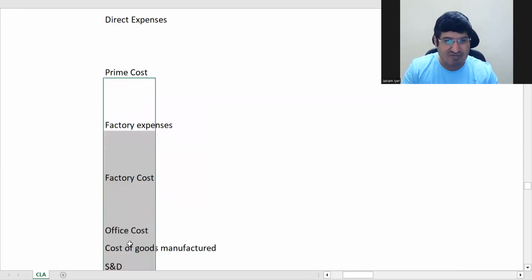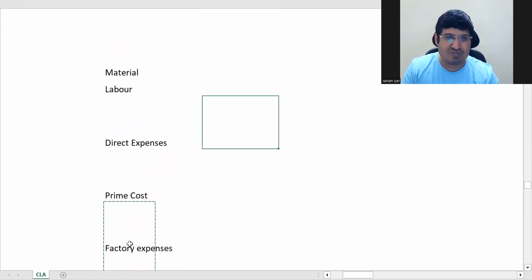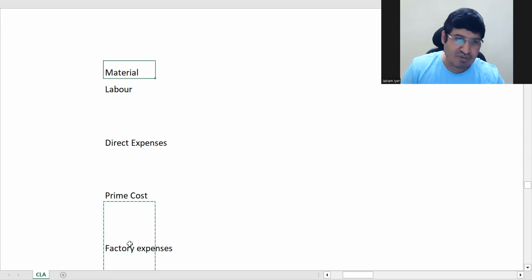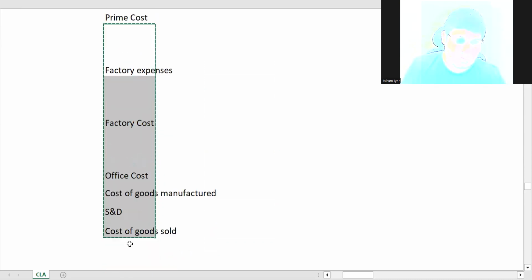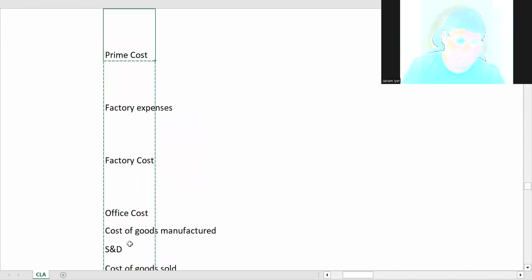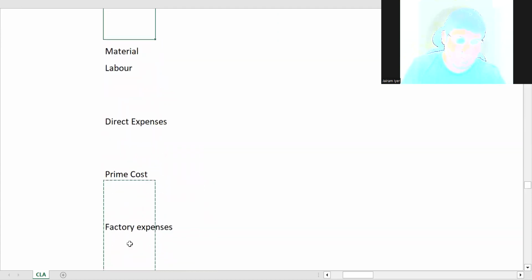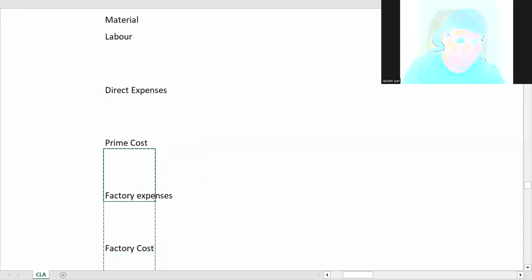And below whatever it is, this will be treated as indirect cost. But when you classify as per relation with the cost object, the entire factory expenses doesn't become indirect.